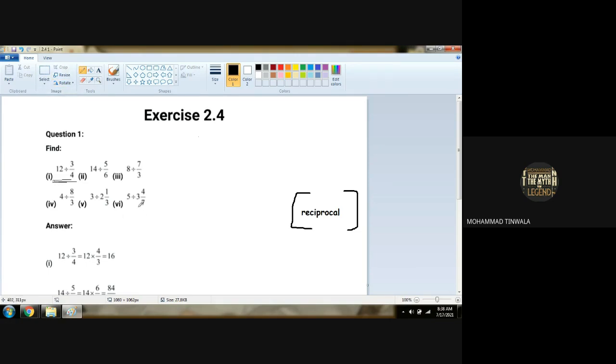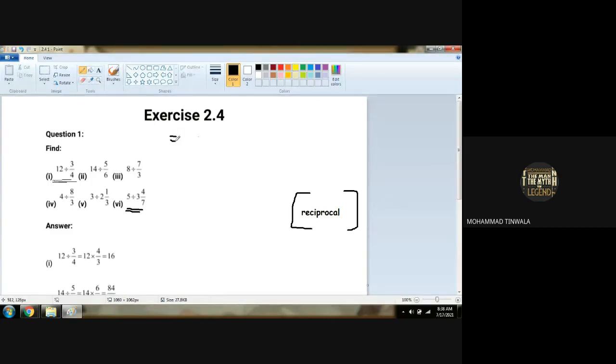Shall I solve the last sum or you will solve by your own? Sir, we solved by one. What about other children? Let me solve this.